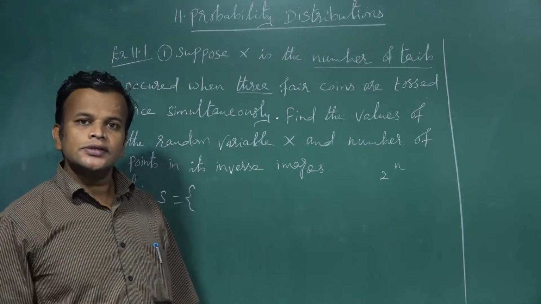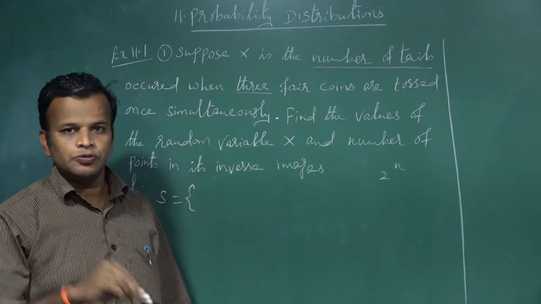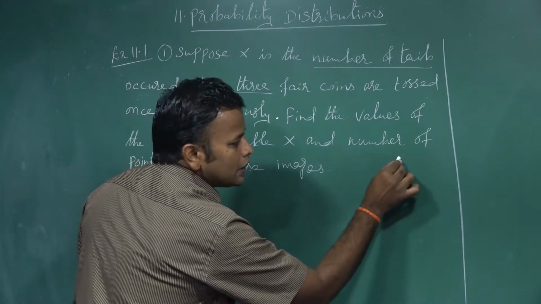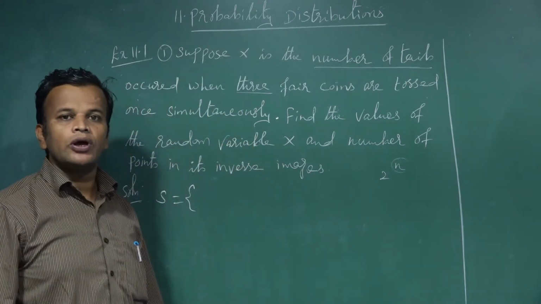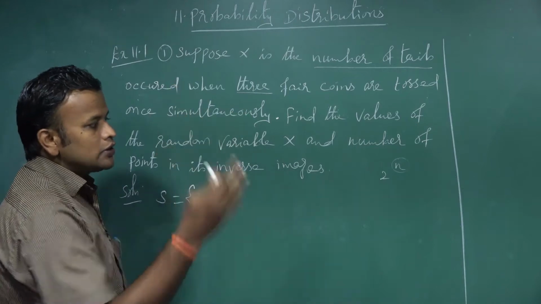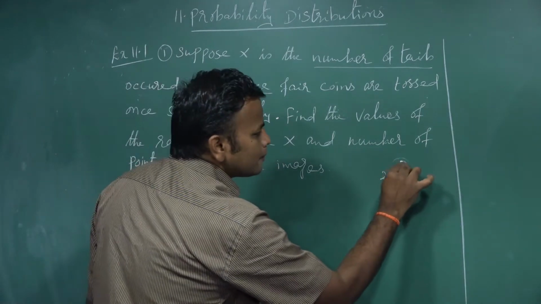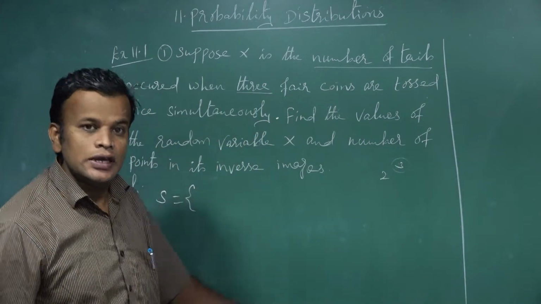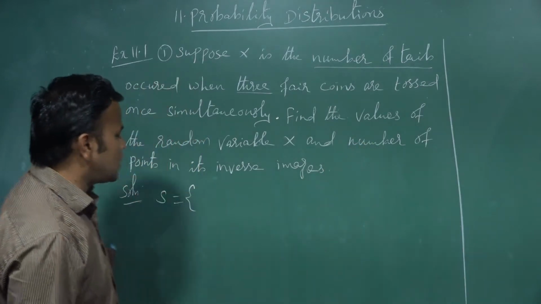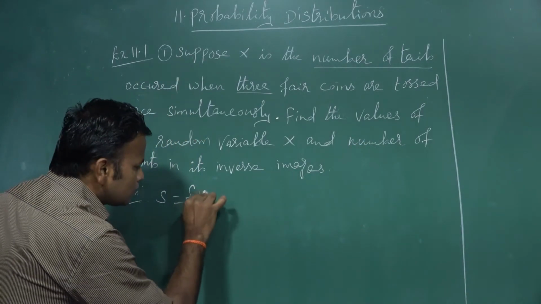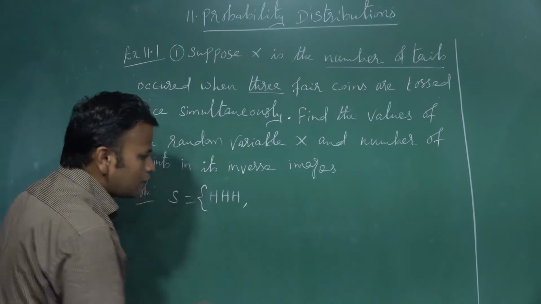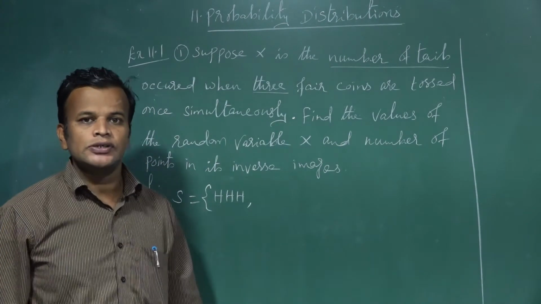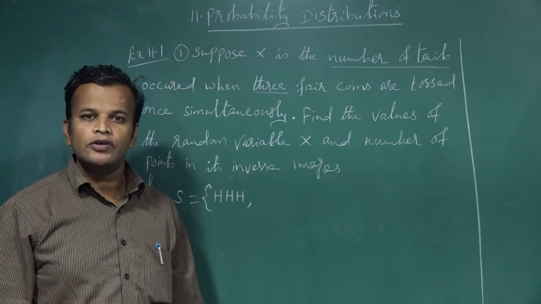When dice are tossed, the general formula is 6 power n. Here how many coins are tossed? 3 coins are tossed. So 2 power 3. The value of 2 power 3 is 8. So the number of elements in the sample space is 8. First one is HHH, that means all the 3 coins show heads.